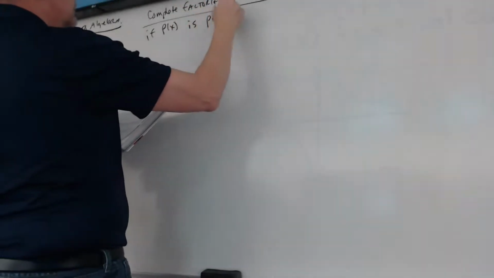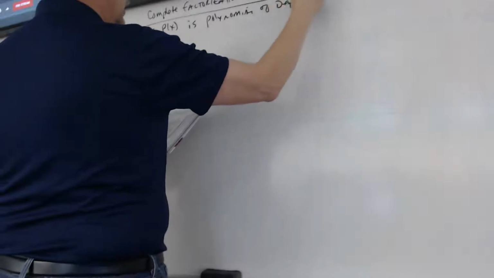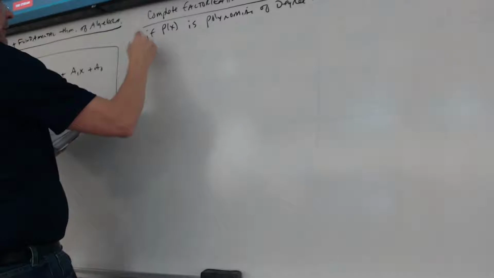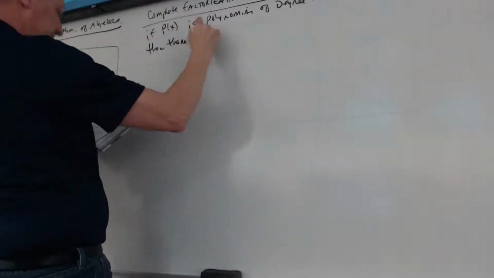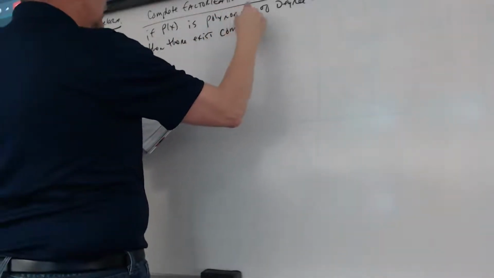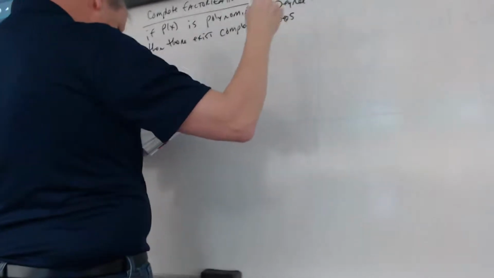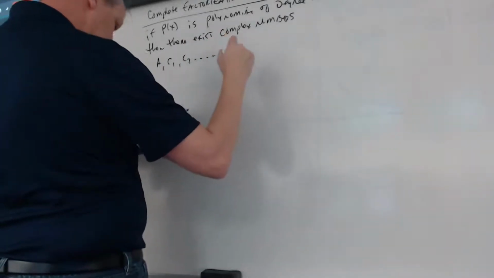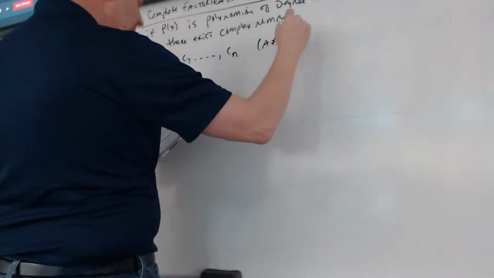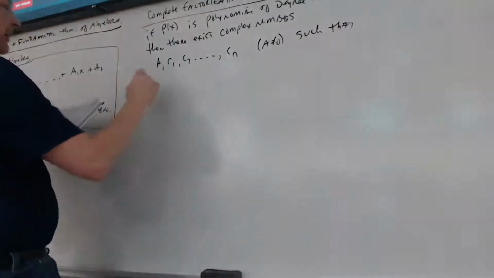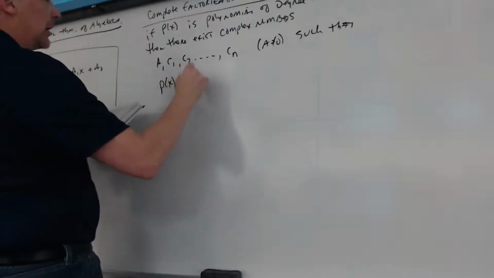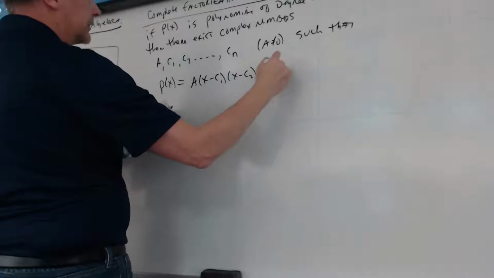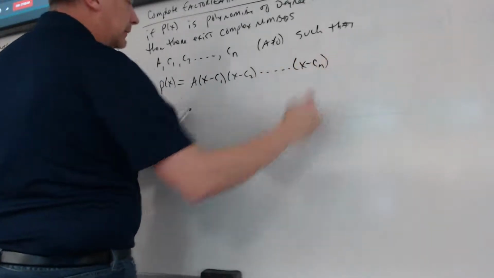And basically what it says is if p of x is a polynomial of degree n greater than or equal to 1, then there exist complex numbers a, c1, c2, etc., all the way until you get to c sub n. a cannot equal 0, obviously, such that you can write the polynomial function as a series of factors: a times x minus c1 times x minus c2, etc., until you get to x minus c sub n. Okay?